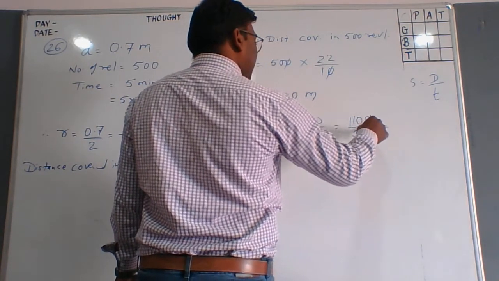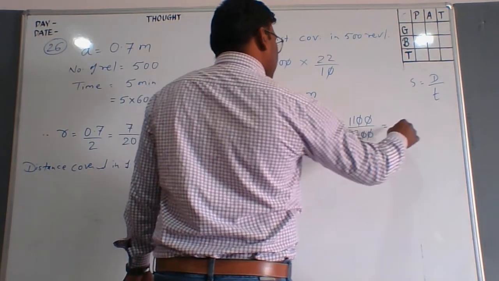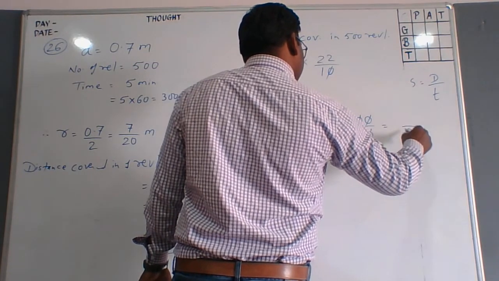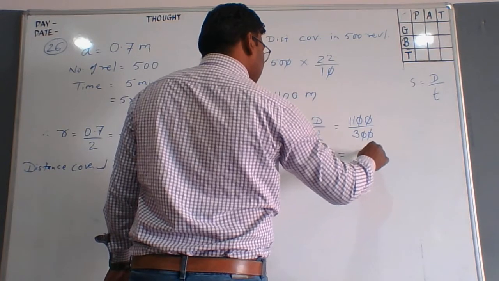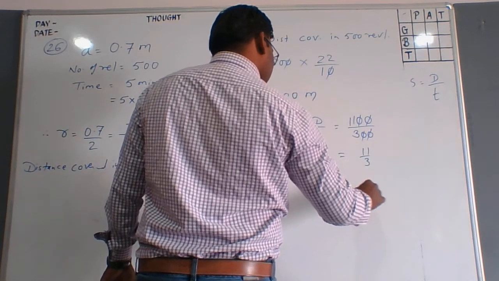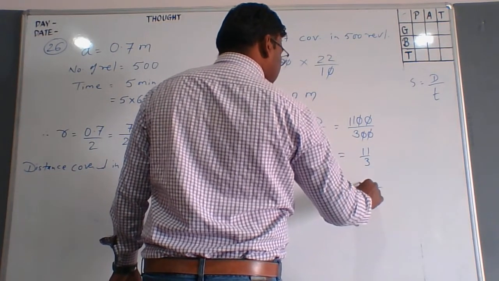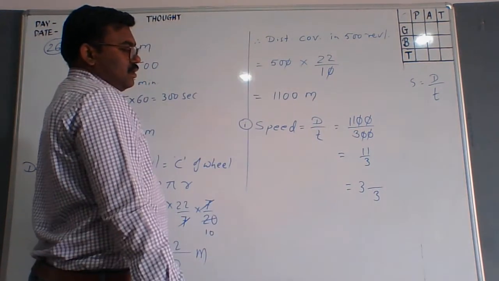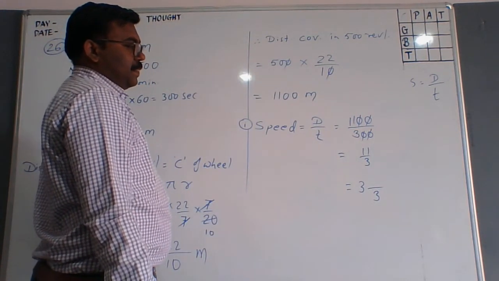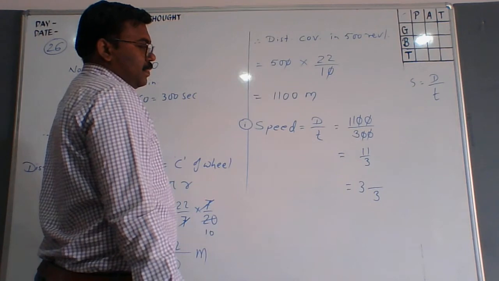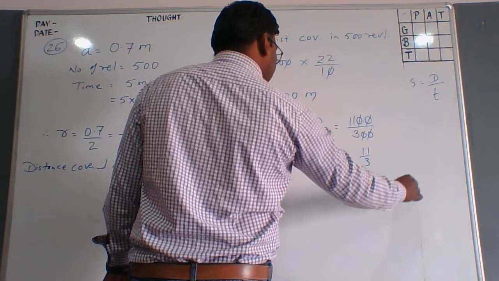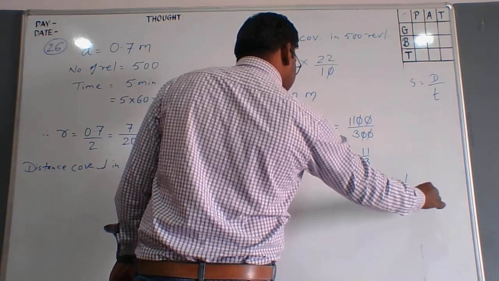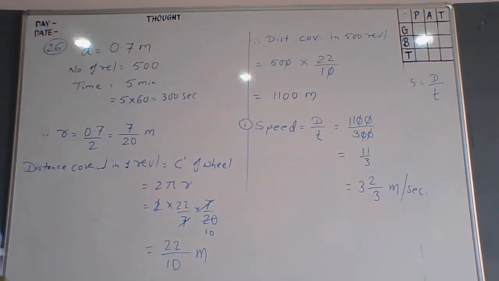Now we can cancel this 0. We can also write it as a mixed fraction. First it is 11 upon 3. 3 threes are 9, so 3 and 2 upon 3 meter per second. This is the first part.